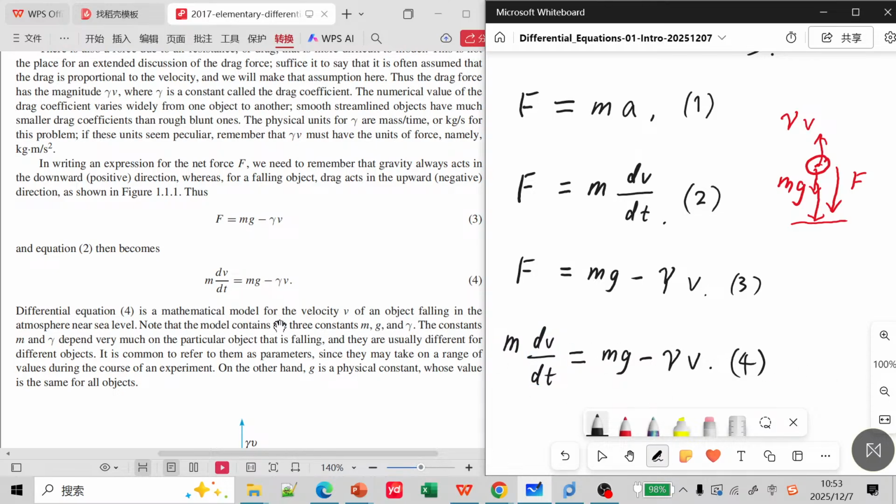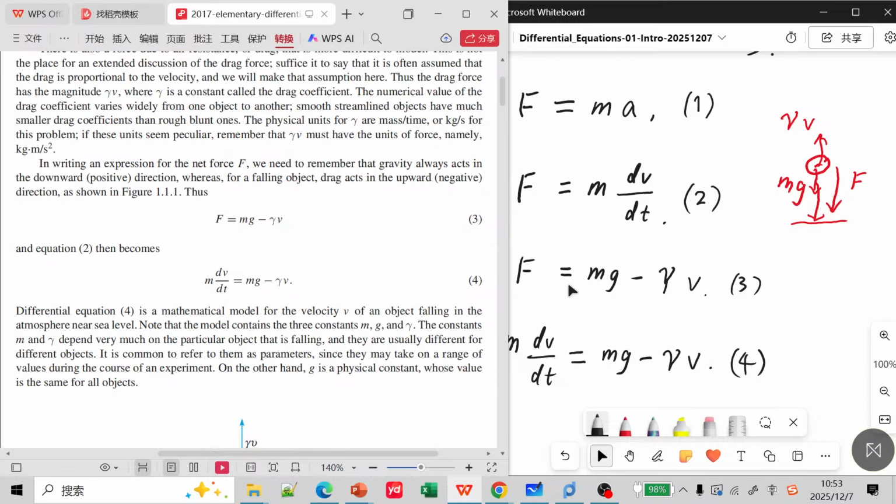It is a mathematical model for the velocity v of an object falling in the atmosphere near sea level. Note that the model contains three constants: m, g, and gamma.